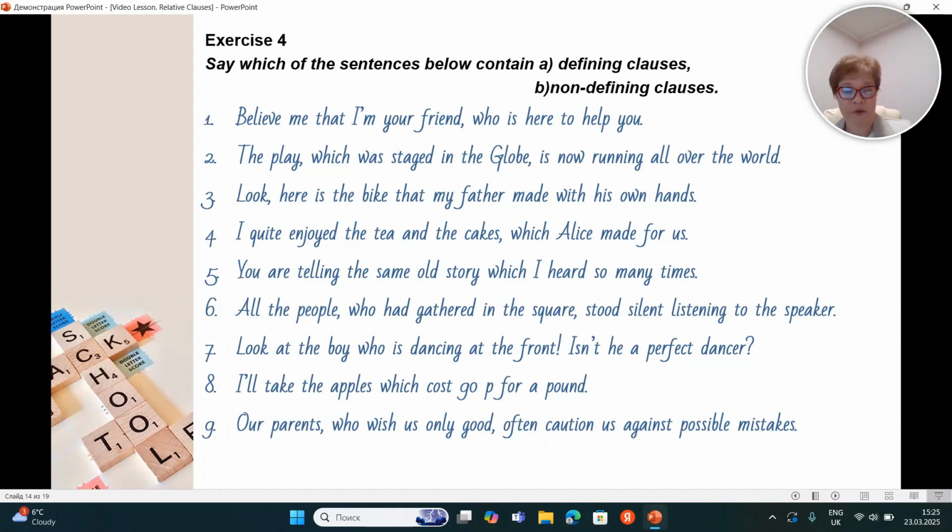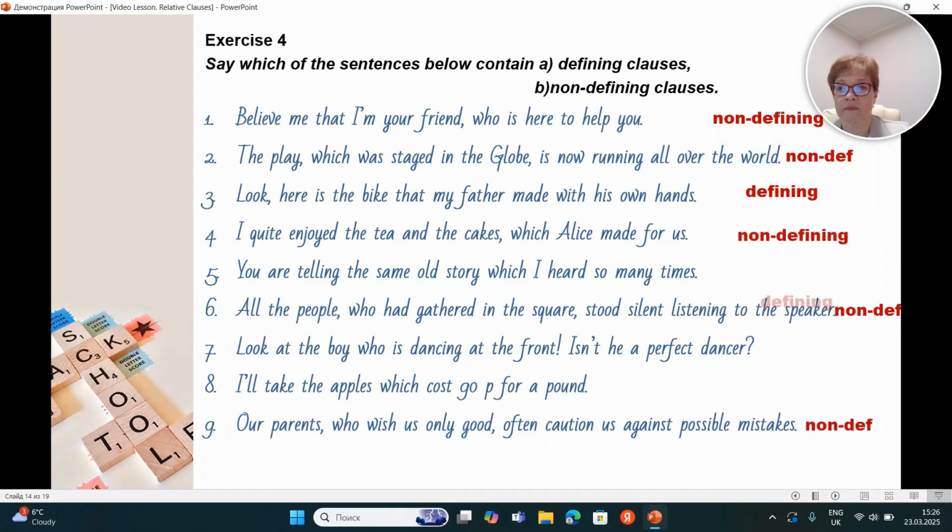I'm going to show the correct answers in a second. So count your correct answers, try to analyze the mistakes, and after that, probably let's go to another step.